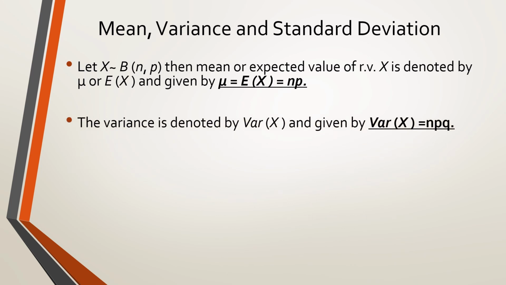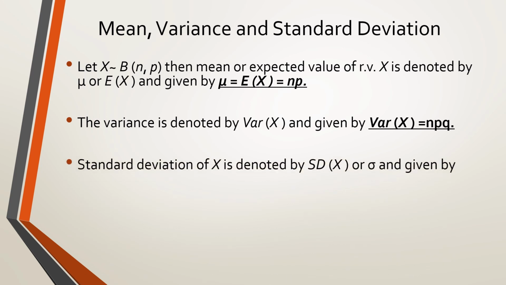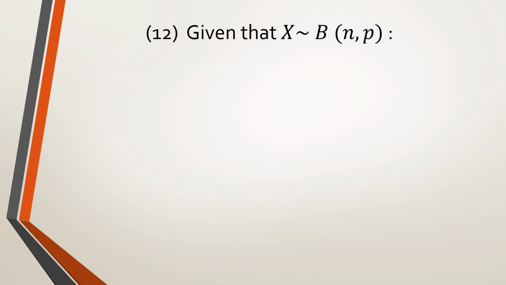Variance is denoted by Var(x) and is given by npq. Standard deviation of x is denoted by SD(x) or sigma. It's given by the square root of the variance of x.